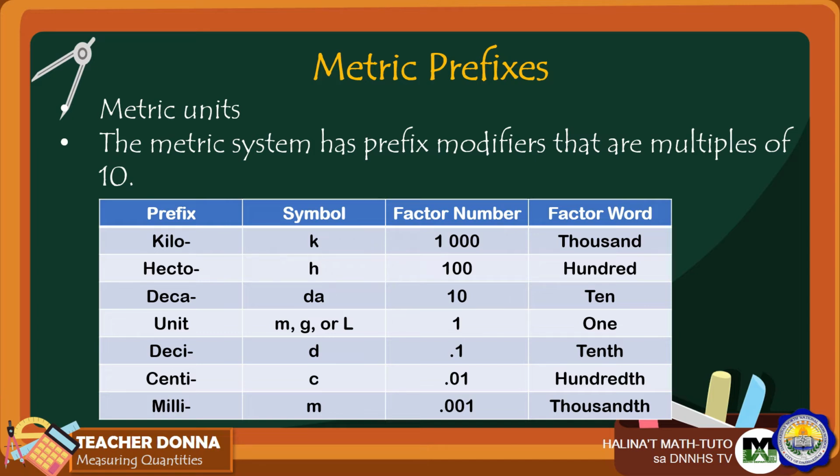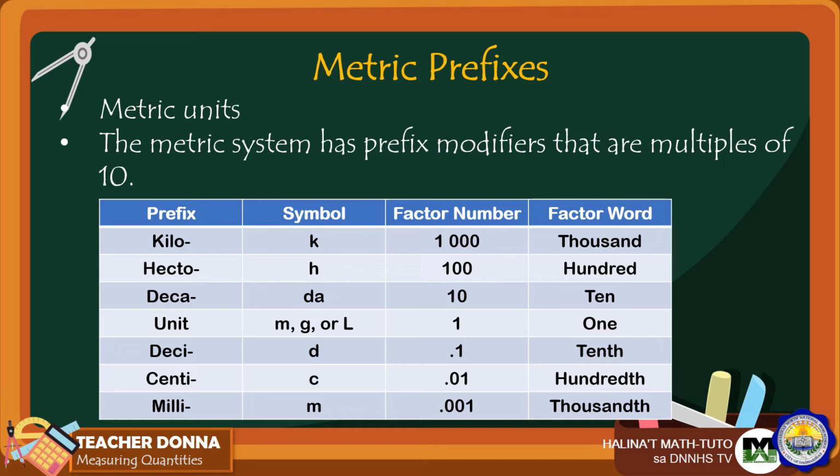So first, we have the kilo. The symbol is K and the value is 1,000. Next, hecto. The symbol is H and the value is 100. Next, we have deca. Symbol is DA. The factor value is 10. And then we also have the unit M, G, or L with the value of 1. We also have deci with the symbol of D and the value is 0.1 or 1 over 10.